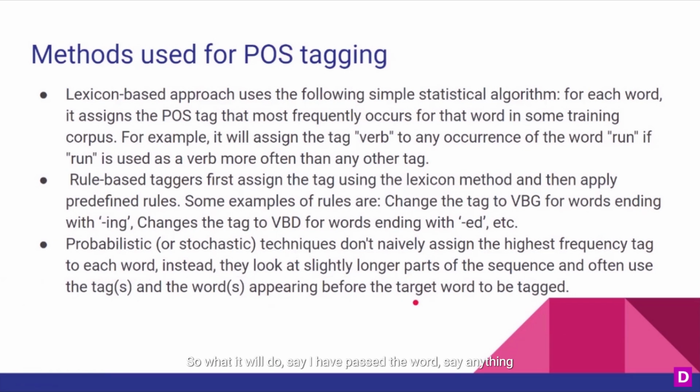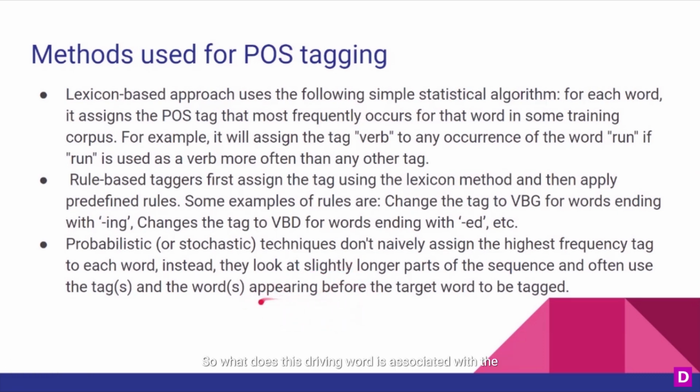Say I have passed a word, something like driving. If I pass the word driving to this probabilistic based tagger, it would not blindly tag that word as a verb or a continuous form of verb. Instead, it will look at the neighboring words as well.